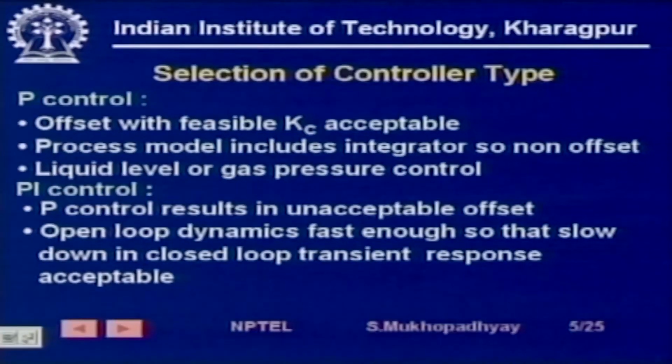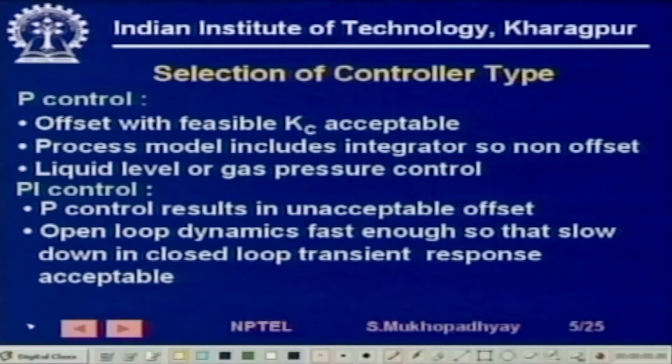Now, as we have seen, in PI control the loop generally tends to oscillate because of the I action, and it takes some time to settle. So in that sense the loop becomes a little sluggish.